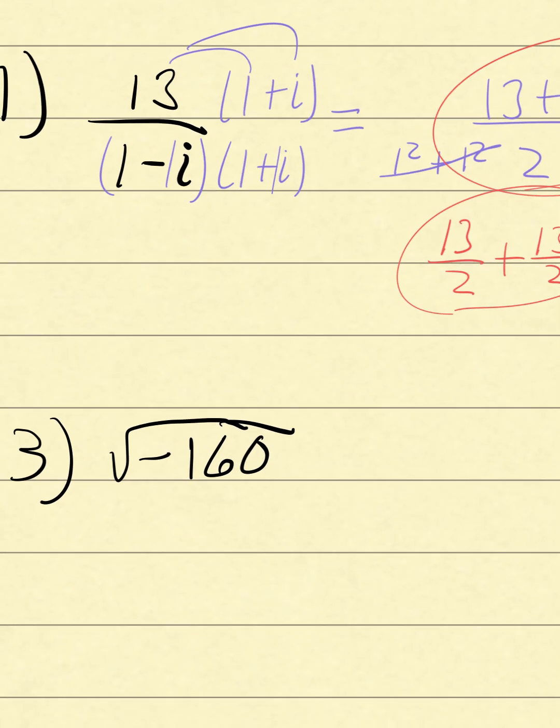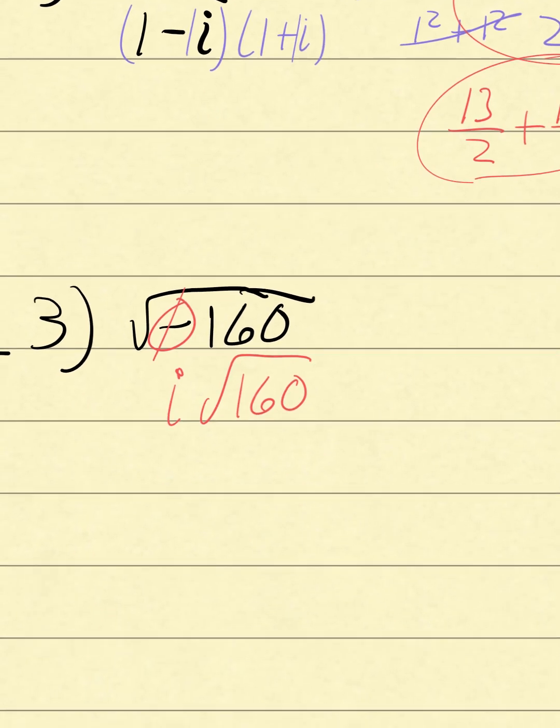Okay, let's try 23. To simplify something like this, we first want to take out what? Okay, good. Let's take out the negative. Let's turn it into i. We get i square root of 160, and we can split 160 into which factors? 16 and 10, maybe?